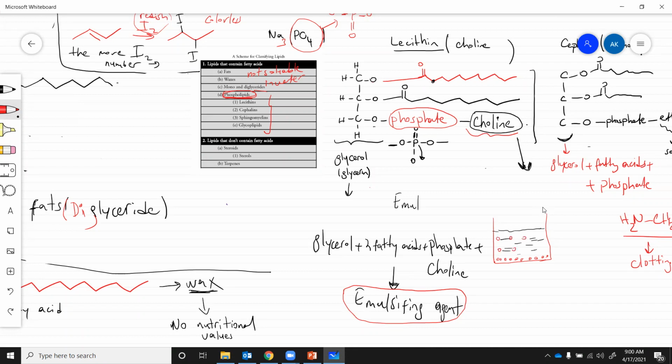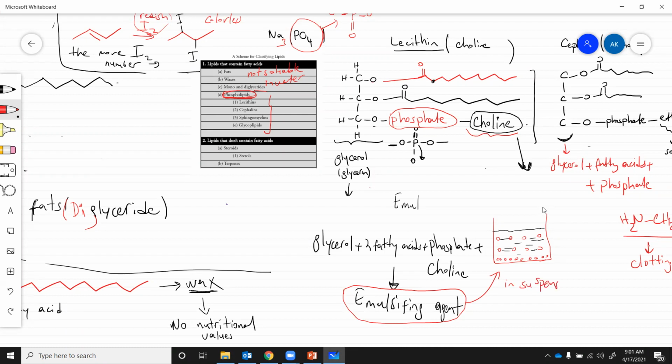This is what the emulsifying agent does. Otherwise, you would see them sitting on the bottom, and you wouldn't be able to move them around and use them in the way that you want. So an emulsifying agent holds those particles in suspension, basically.